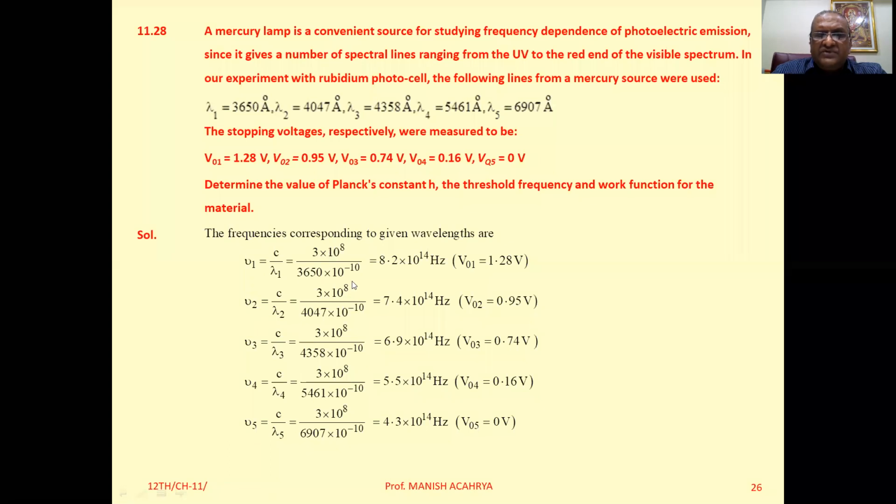Substitute the value of C and lambda 1, then solve it, you will get the frequency, and for that particular radiation the stopping potential is given to you. So exactly similar to this, calculate the frequency for each radiation, and for each one the stopping potential is given to you. Clear?